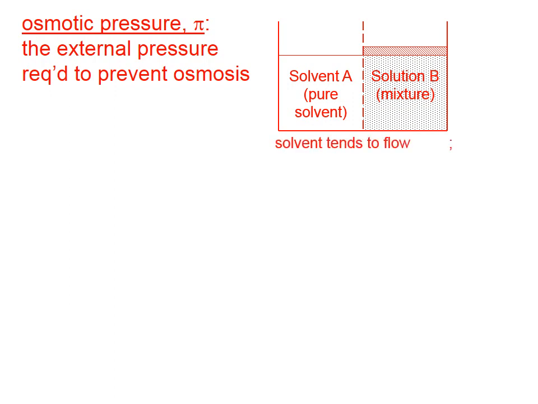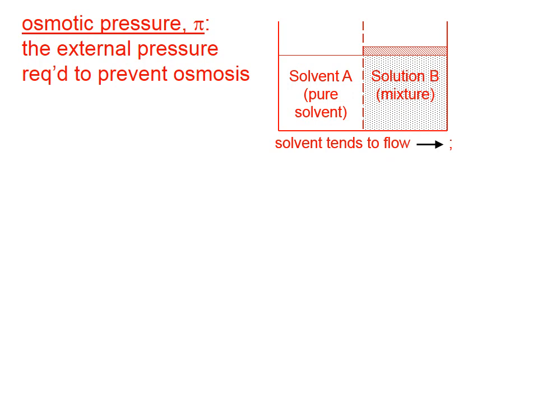With this semi-permeable membrane and having only pure solvent on the left and a mixture on the right, solvent is going to tend to flow from the more dilute solution to the more concentrated solution. So it's going to flow to the right.